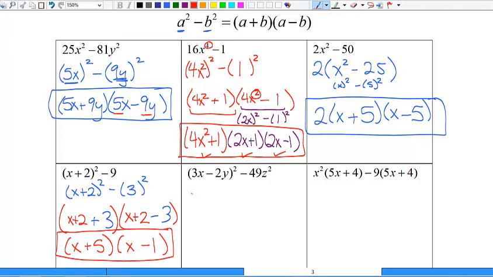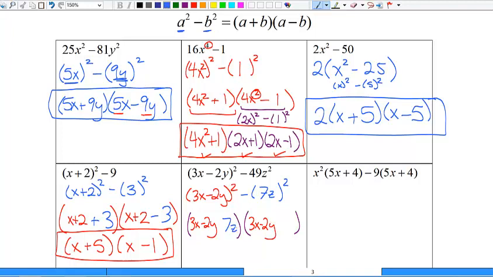The next problem is very similar. We have 3x minus 2y, which is already quantity squared. On the second term, I have 49z squared. Well, I can rewrite that as 7z quantity squared, because 7z times itself, 7z, is 49z squared. In my answer, the red 3x minus 2y goes in both fronts.